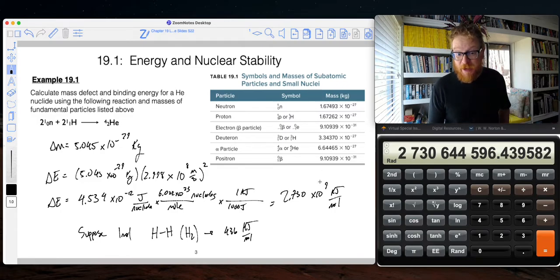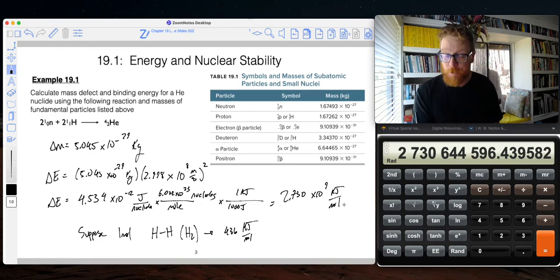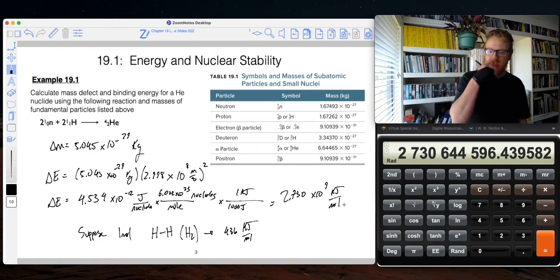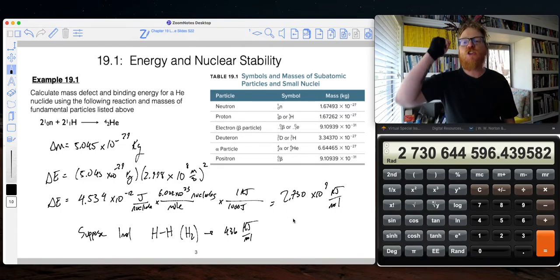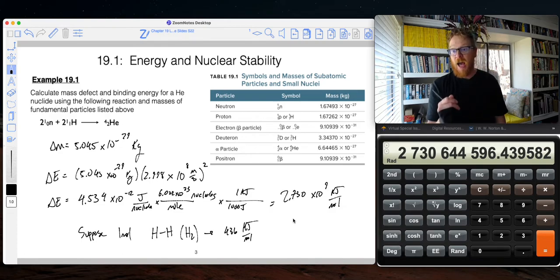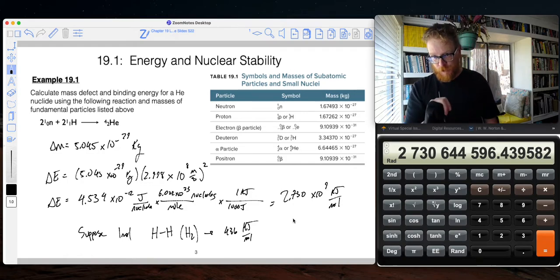However, you notice that if we could get energy out of the nucleus, which we do, and we'll talk about fusion and fission near the end of this material, you can see we get an enormous amount of energy out of the nucleus. And I want to impress upon you that if we can do that safely and responsibly, then in my opinion, this is the path forward for humanity.